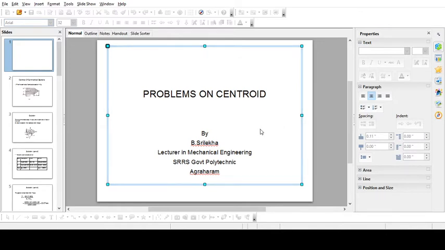So the moment of area is 7.5 into 1050, which is 7875. This is how we calculate.